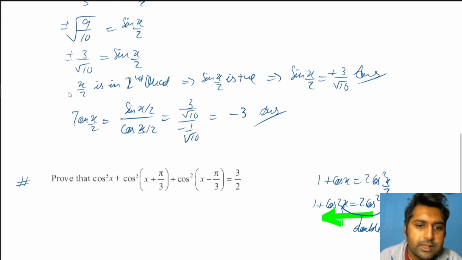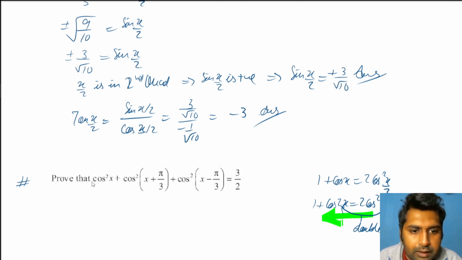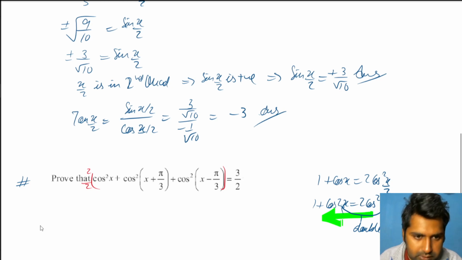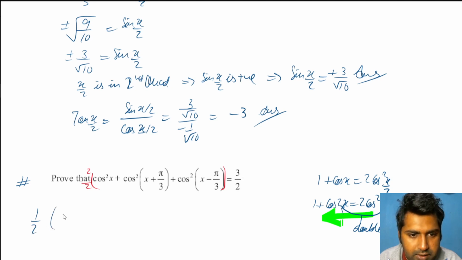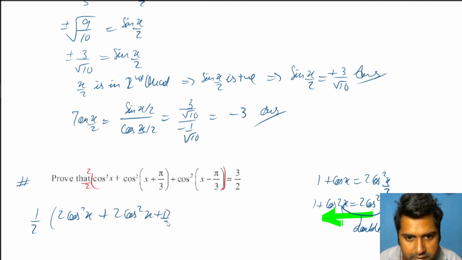So there is no 2 present here. So what I'll do is I'll multiply the whole expression by 2 and divide it also by 2. Meaning the numerator will be getting multiplied and 1 by 2 will be kept outside. So if I'm multiplying by 2 and dividing by 2, 1 by 2 I'm keeping outside. I'm multiplying the remaining terms, so I get 2 cos square x plus 2 cos square x plus pi by 3 plus 2 cos square x minus pi by 3.